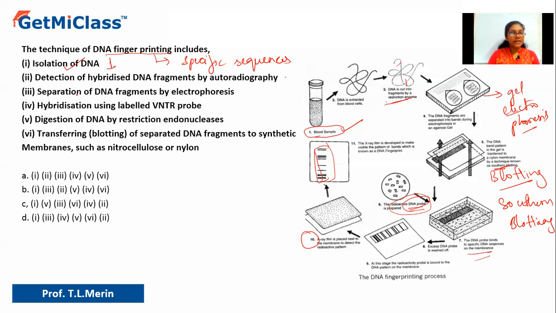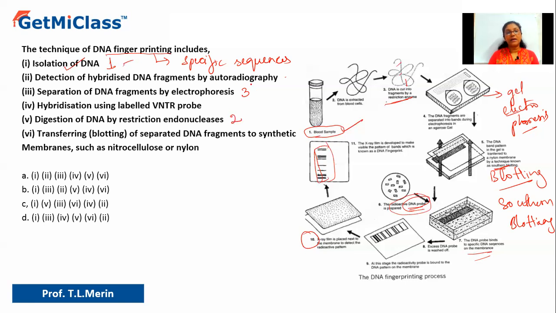Then comes separation of DNA fragments by electrophoresis. Before we separate, we have to digest them with endonuclease, so this will be the third step. Hybridization using labeled VNTR probe also comes later. Digestion of DNA by restriction endonuclease, yes, this is the second one.